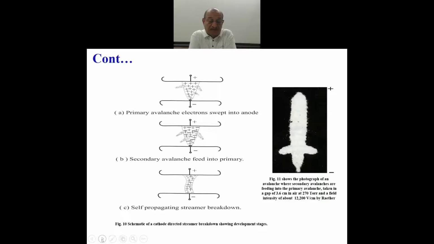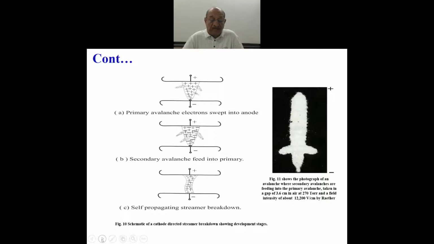Because of that field distortion, field enhancement and field reduction both take place as explained, and there is more enhancement towards the tail of the avalanche.